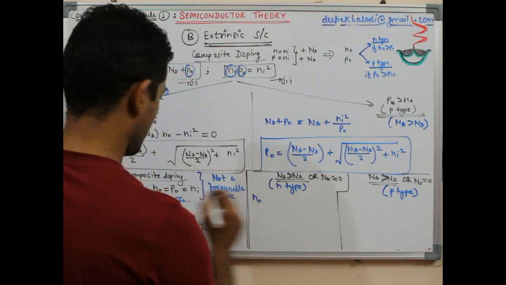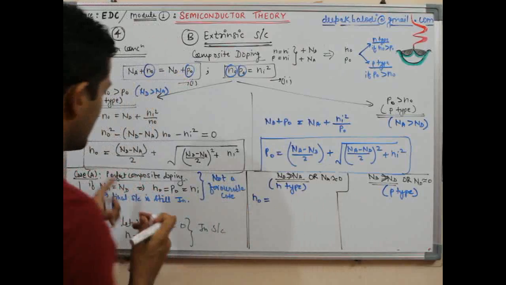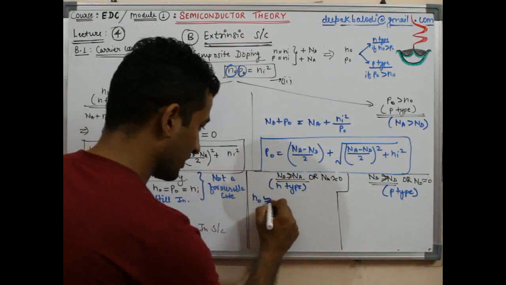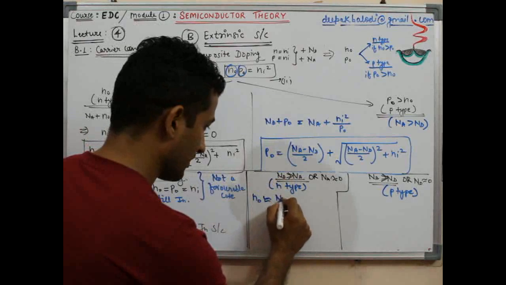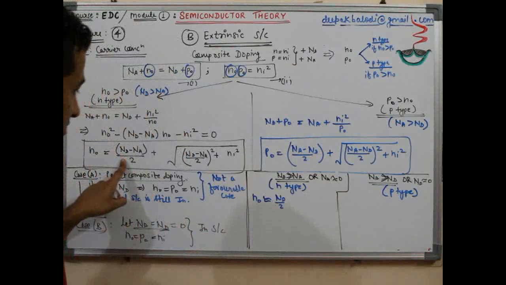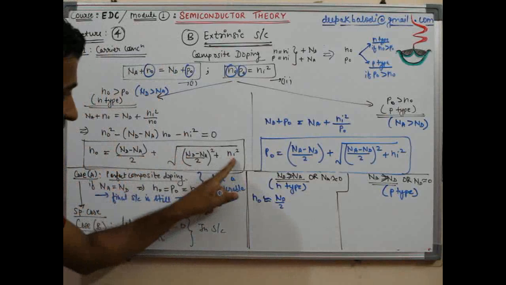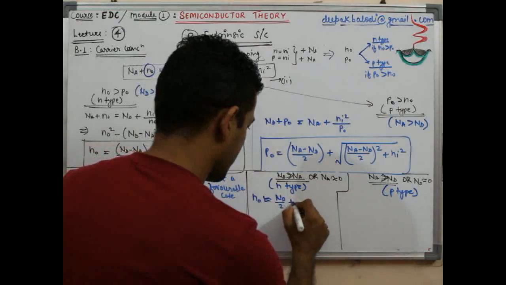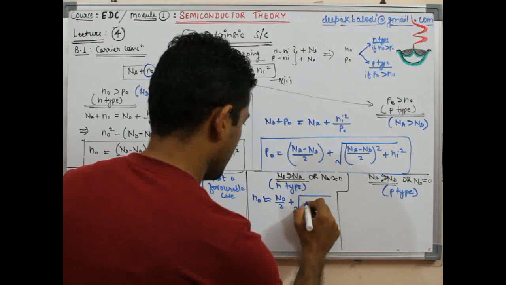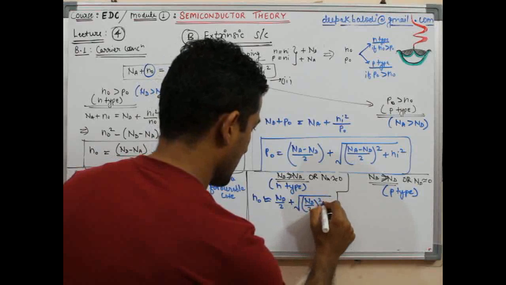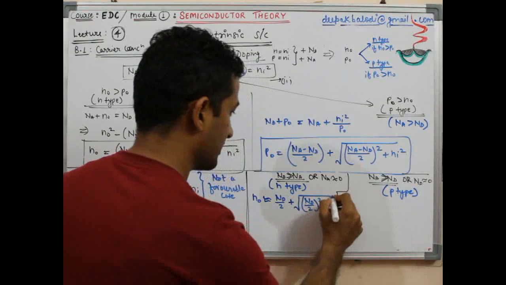So N naught is equal to (Nd minus Na) by 2, and because Na is much smaller than Nd, this is approximately Nd by 2 from the first step. The second step here is Nd, and Na is again neglected, so that is plus under root (Nd by 2) squared plus Ni squared.